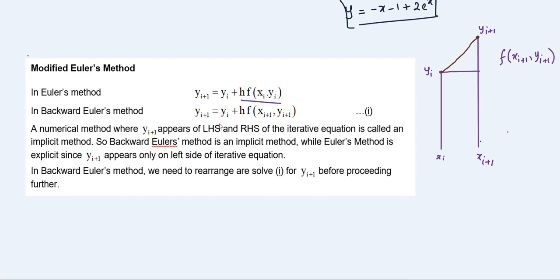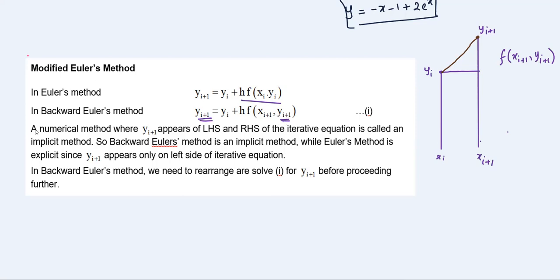Now I get an equation, a relation in terms of yi plus 1 and here also yi plus 1. Xi plus 1 I know, yi I know. So I have to solve now for yi plus 1.